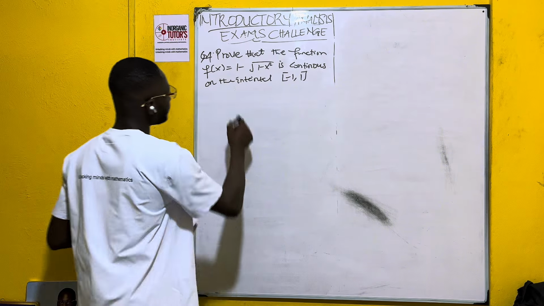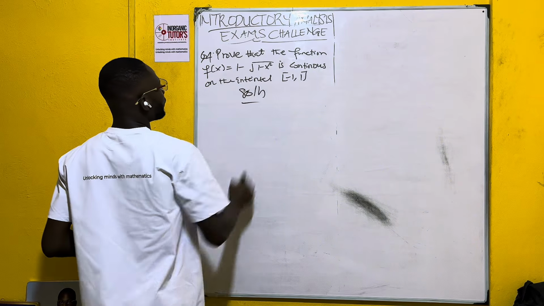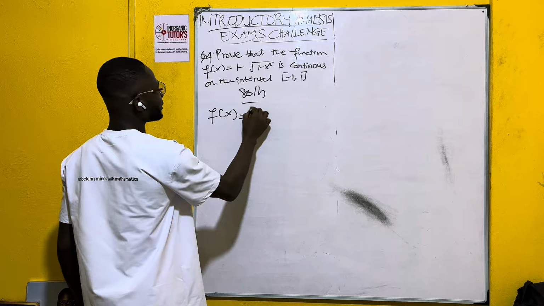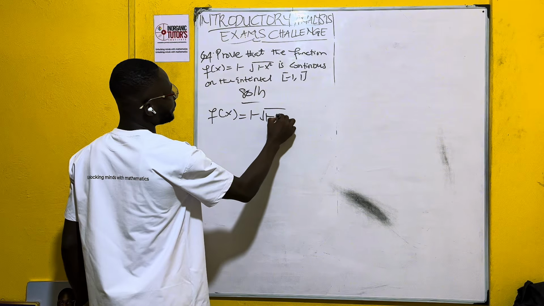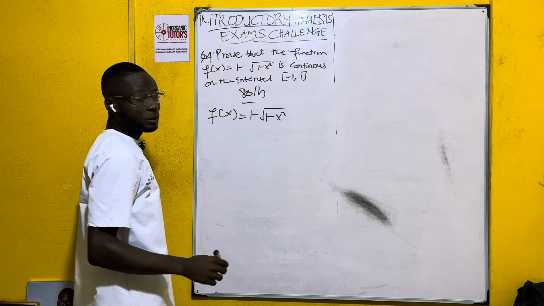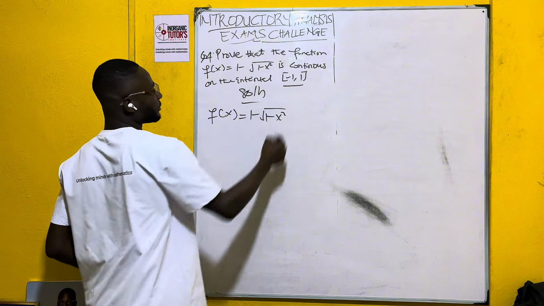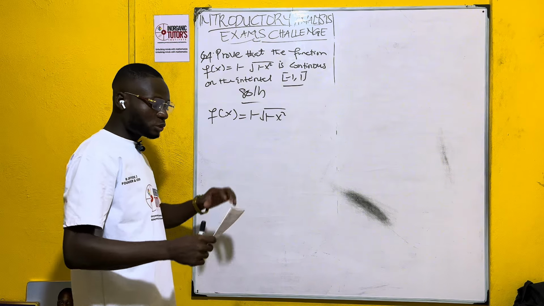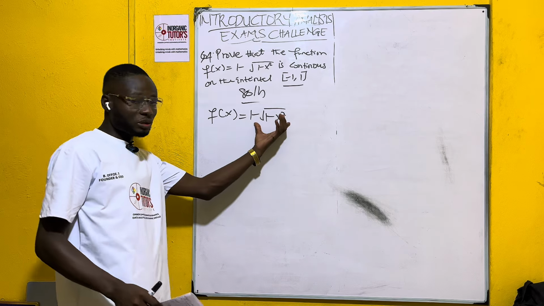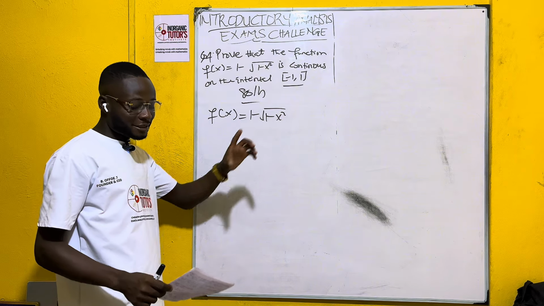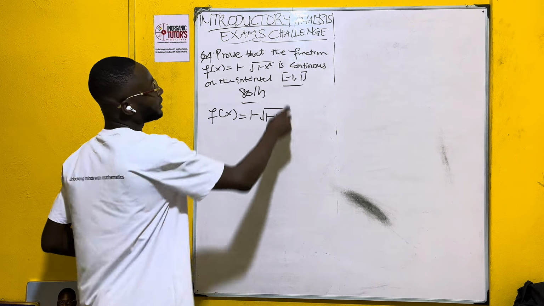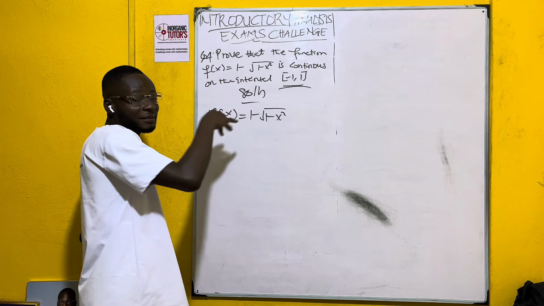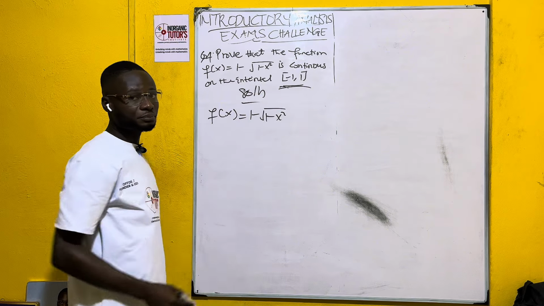So first, state the problem. f of x is equal to 1 minus the square root of 1 minus x squared on this interval. We just want to prove that this particular function is continuous on this particular interval.